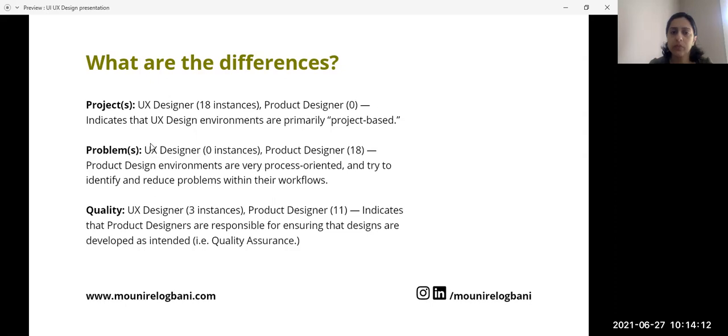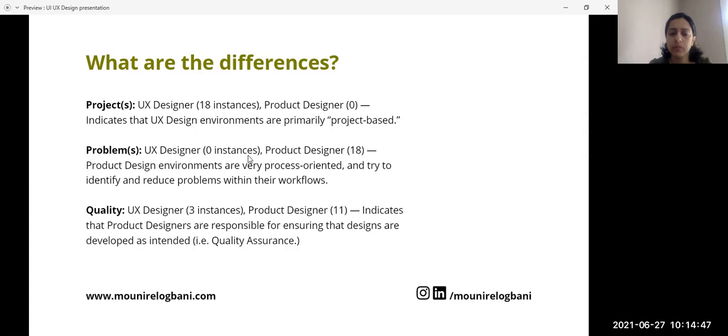The UX designer might focus much more on it, and in solving the problems, the product designer environments are very process oriented and try to identify and reduce the problems within. It means that product design focuses much more on finding the real problem that users have.